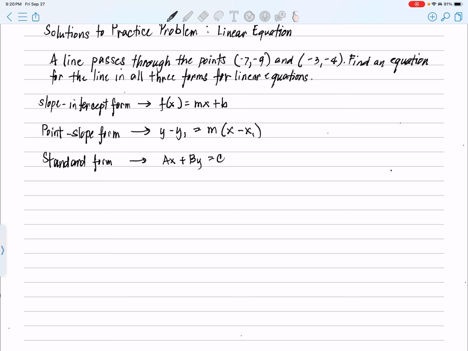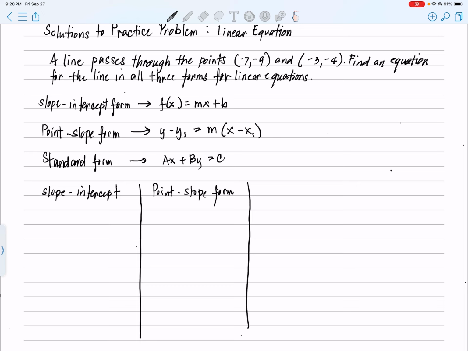So I'm going to start here with the slope-intercept form. I'm going to put a division here. Then we have the point-slope form, and the third is the standard form.